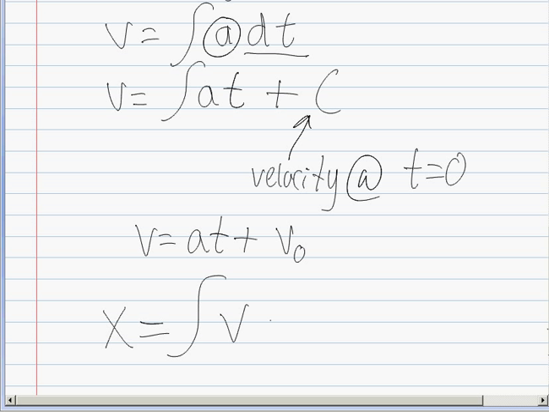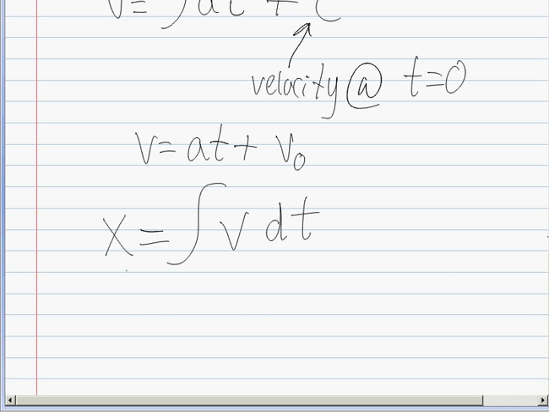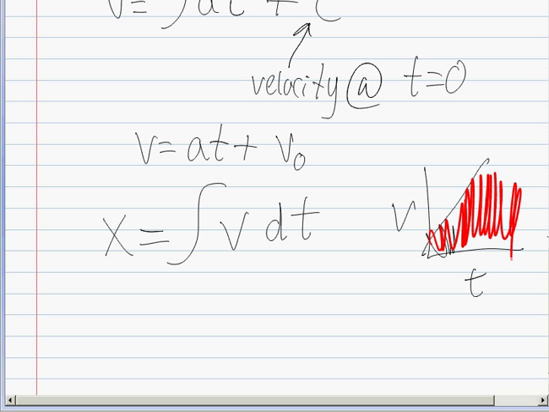We're going to go backwards. We're going to basically take the area under the curve of the velocity versus time graph. And that area is going to give us the displacement. Now you'll notice that it tells us how far we move, but it doesn't tell us the initial position. That's what we'll need the constant for.